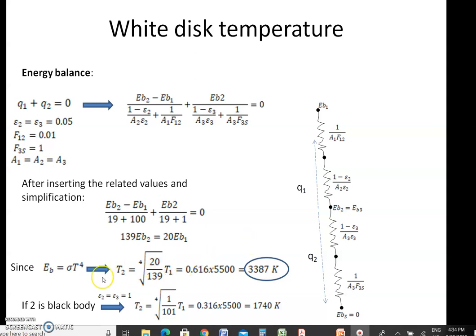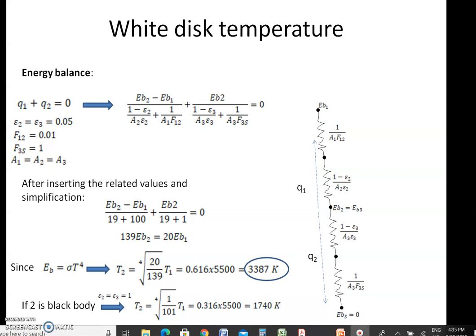Also, I was curious to see what's going to happen to the temperature if we use a black body instead of the white painted body. Interestingly, the temperature becomes even lower, and you wonder why. The reason is that the black body is an excellent emitter, and it's also an excellent absorber.